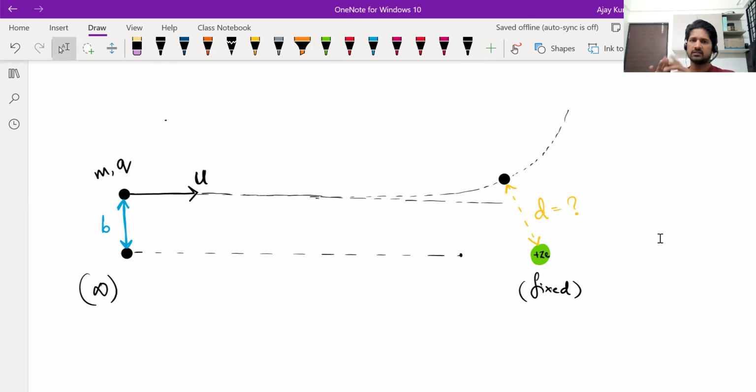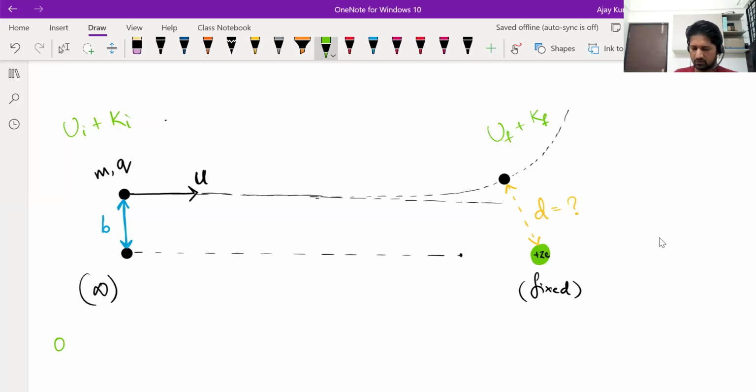So energy conservation is one idea that you can use. Now, initial potential energy: we are assuming the alpha particle is initially at a very large distance. If the distance is very large, tending to infinity, then the initial potential energy becomes zero.